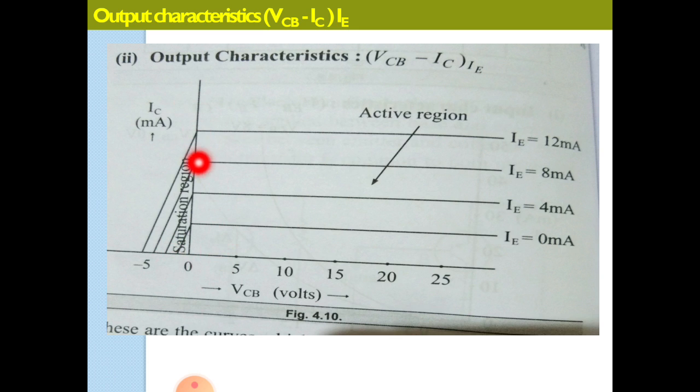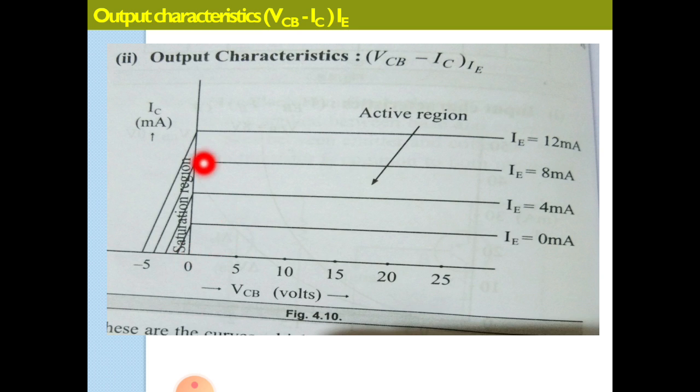Now there is a cutoff region, where for a particular value of output voltage, the output current becomes 0. This region is called the cutoff region.